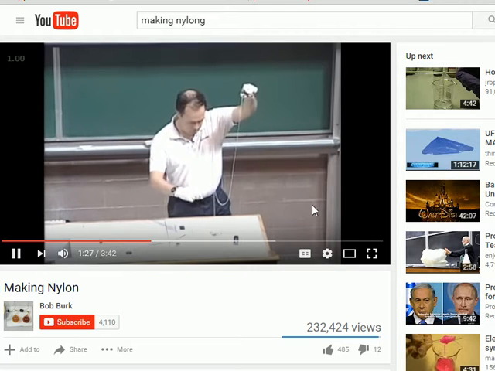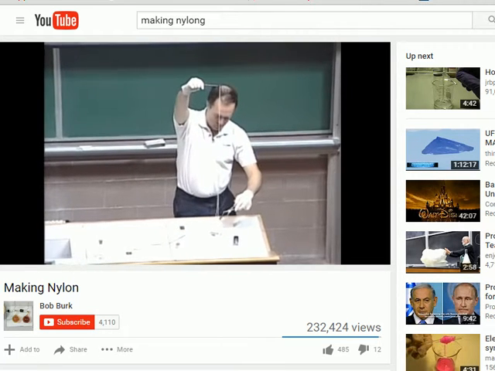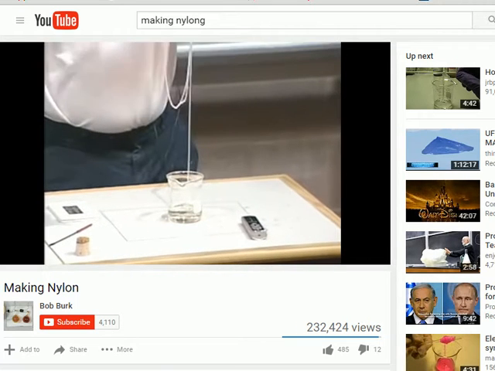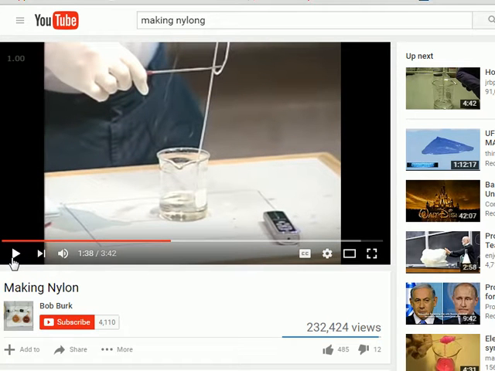So he's making a big long molecule. That's one continuous molecule. As he pulls that out, it's just the reaction, the atoms are forming molecules and sticking to each other, and it's a longer and longer chain of molecules. It's called a polymer, where you have many subunits stuck together.